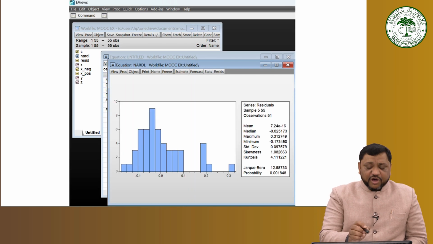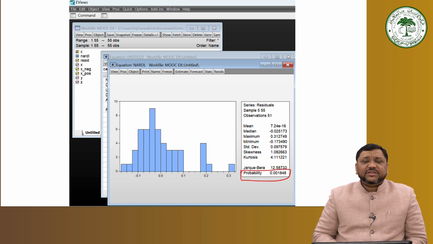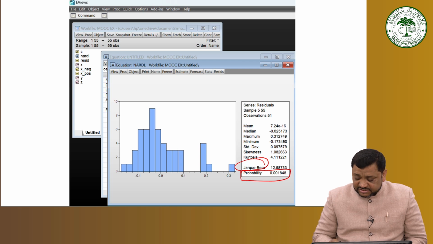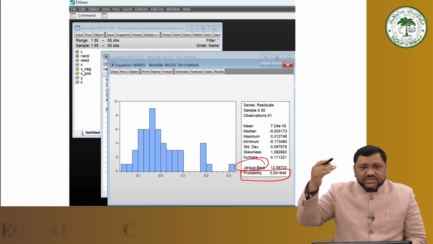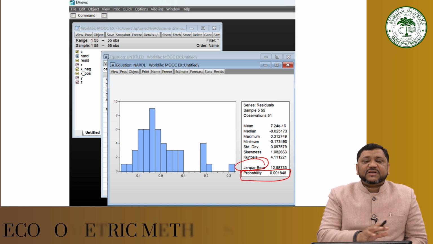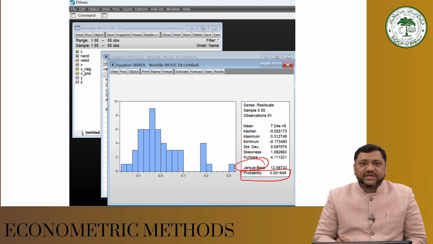We can check for normality also, the Jarque-Bera. Here the null hypothesis is that the residuals are normally distributed. We use the Jarque-Bera test, and your probability is 0.00. It is less than 0.05. So it means the null hypothesis that the error terms are normally distributed is not accepted, meaning thereby there is a problem of normality of data.